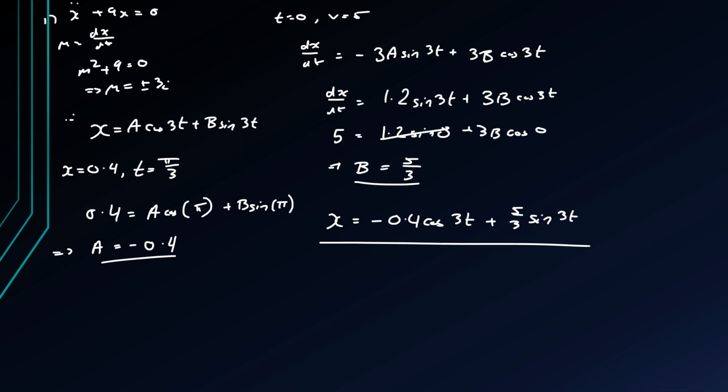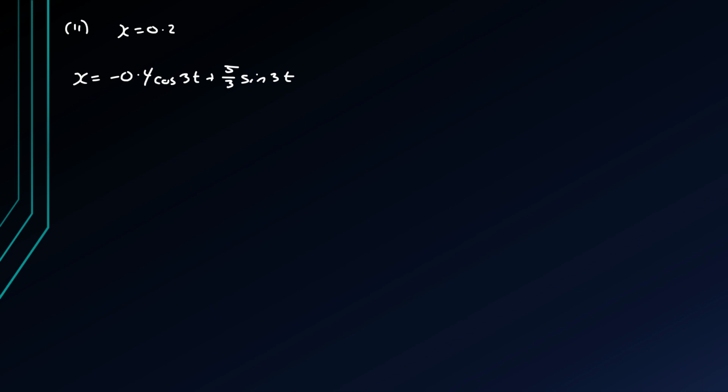Yes. Now we can write this in the form r cos of 3t plus alpha. So this is turning into harmonic form. You might actually recognize it as r sine omega t, but I'm choosing cos for this one, just to be different.